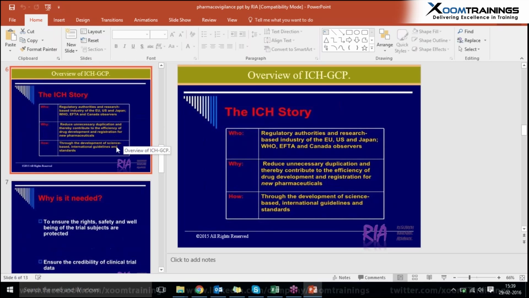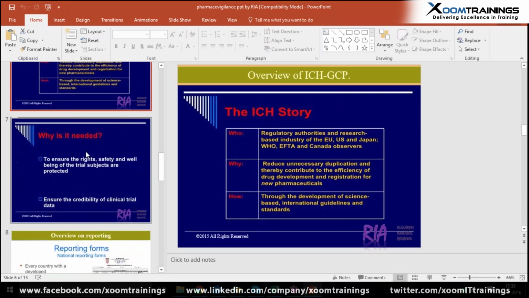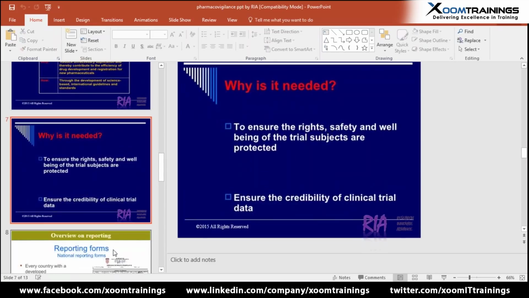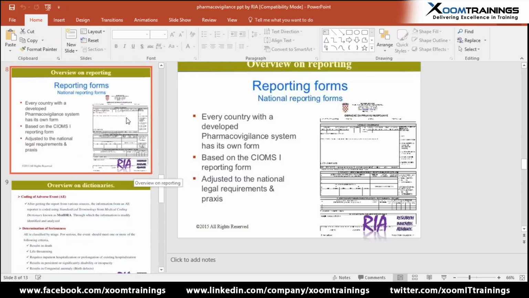What ICH is, human subject protection guidelines. Each and everything we are going to learn during this program. And the different reporting forms for the US, Europe, Japan, Canada, Germany. Different countries have different reporting formats, so we can go through those formats.